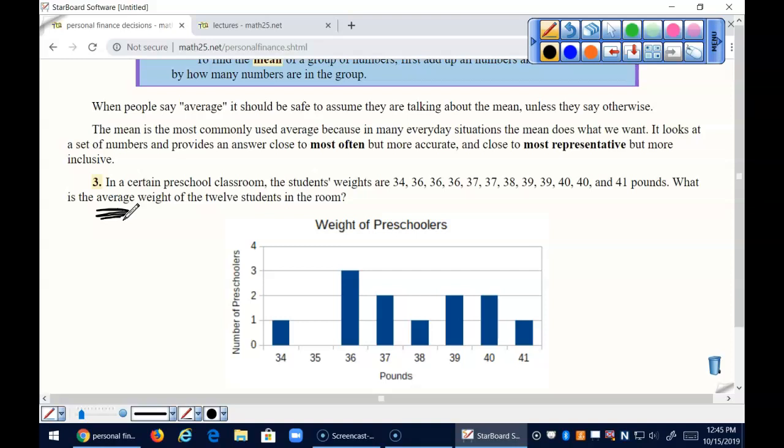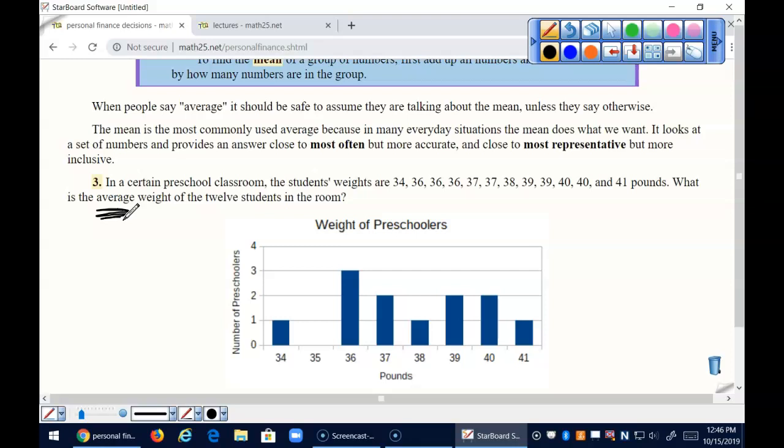Some people are typing on their calculators already. What's the total? 34.75. 34.3 is what I got.